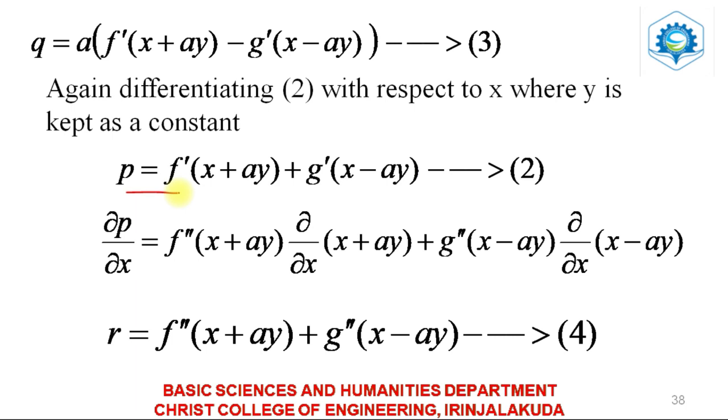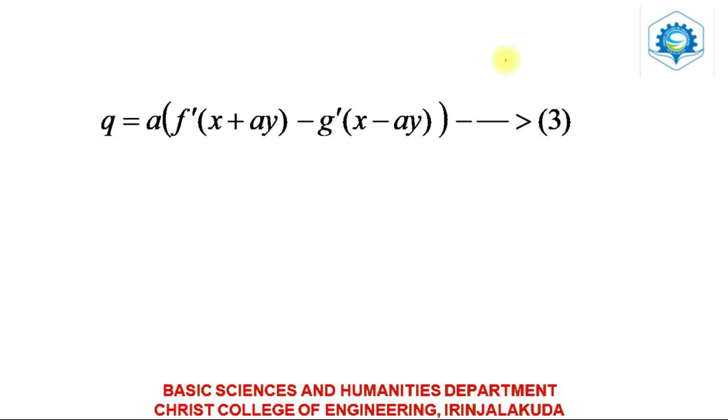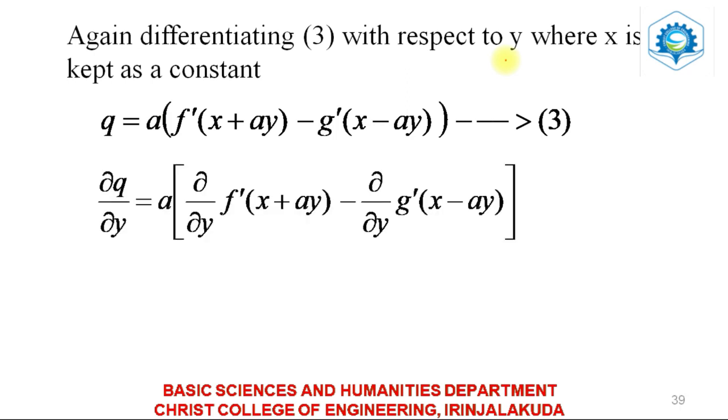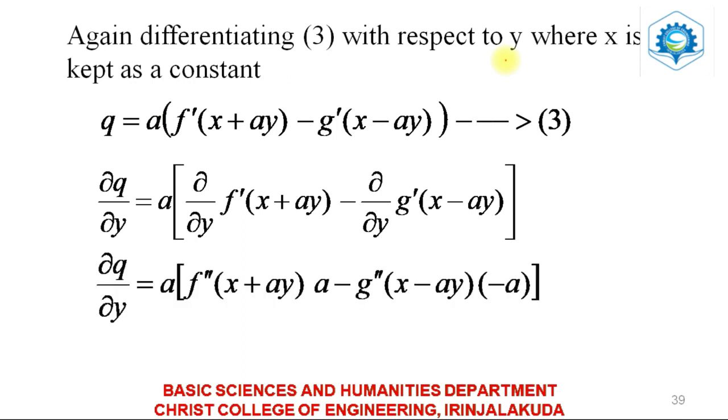Now what is our next step? We will differentiate equation 3, q, with respect to y again, and we will get the other second order derivative. We get ∂q/∂y equal to a, which is a constant, into ∂/∂y of f'(x + ay) minus ∂/∂y of g'(x - ay). And ∂q/∂y is nothing but t, the second order derivative with respect to y.